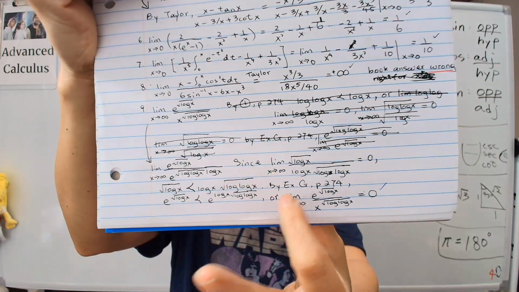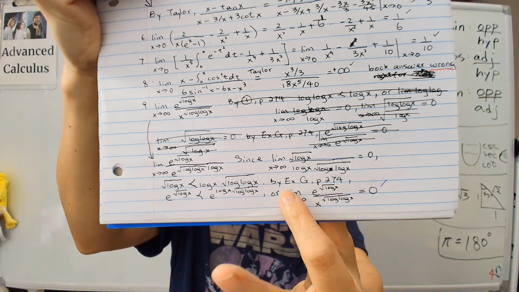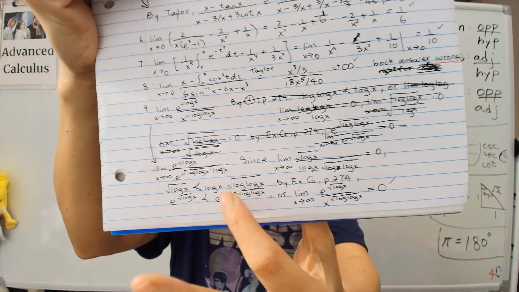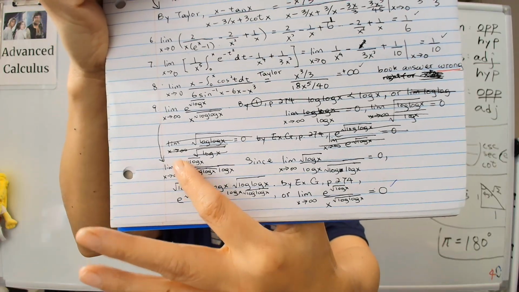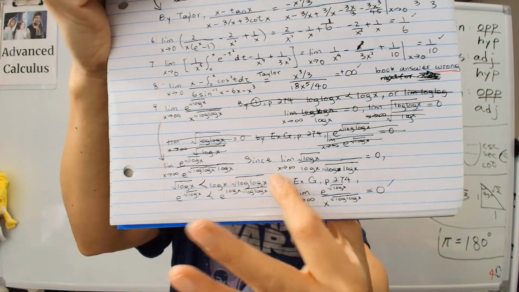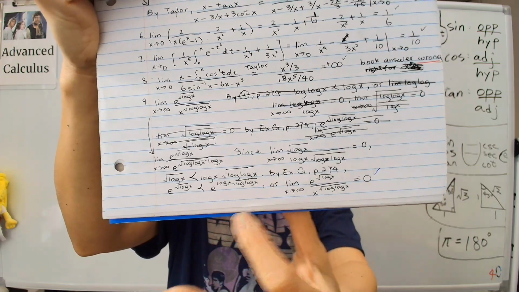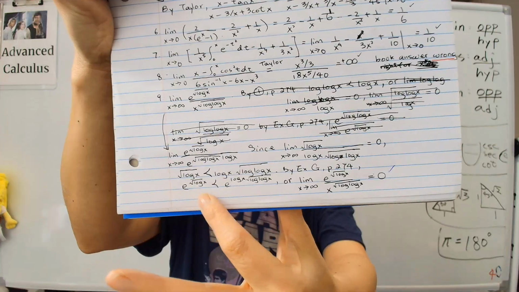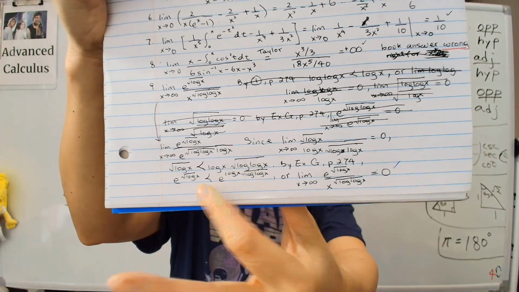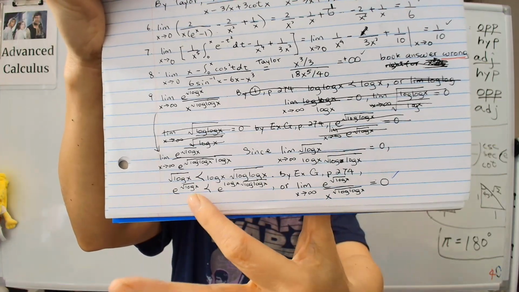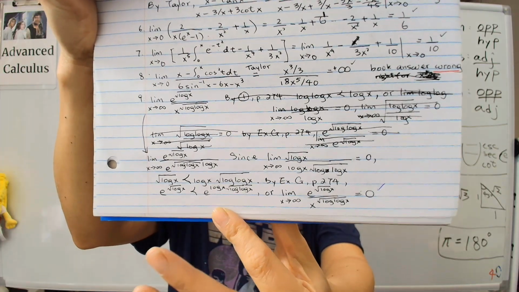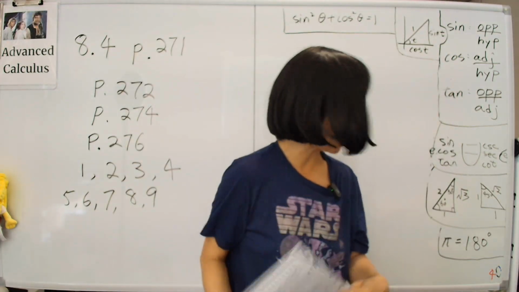Then we can use the example G, where it mentions that if the functions are weaker, then the versions with e put under them are also weaker. Using that principle, I just prove that the functions are weaker, therefore the exponents are weaker, and therefore the function is weaker as well. And that is problem 9.